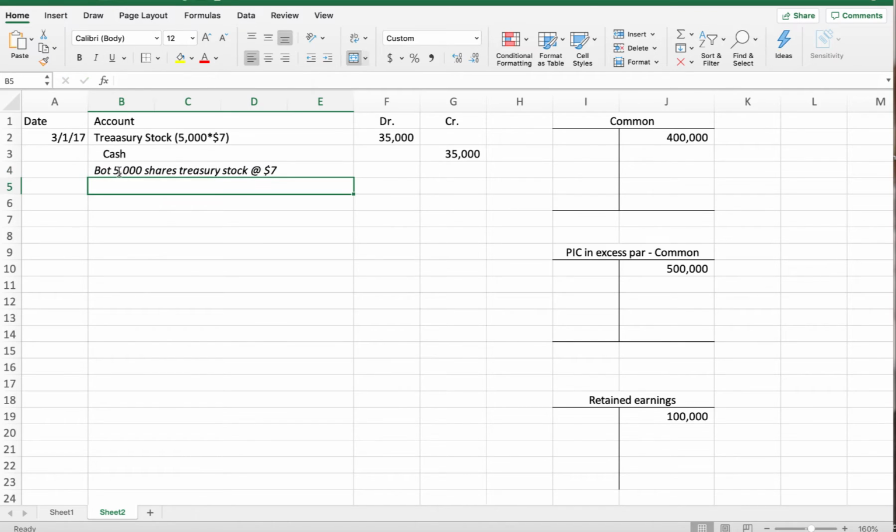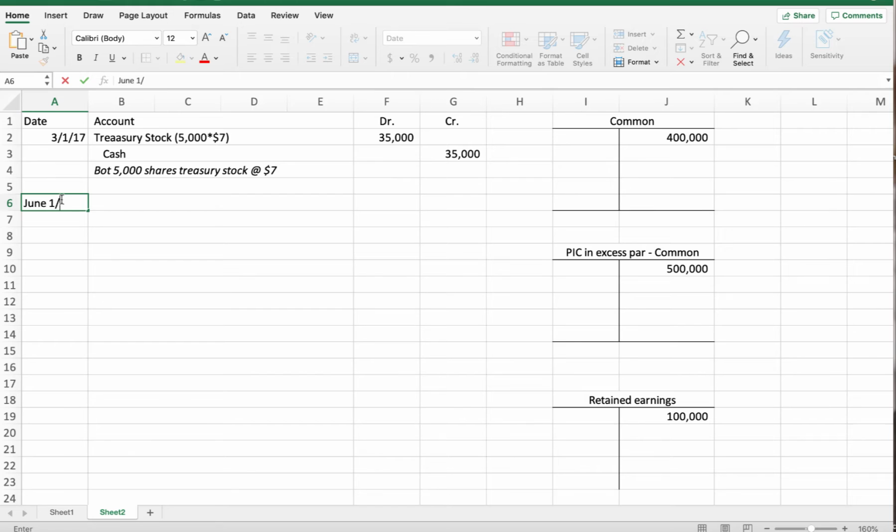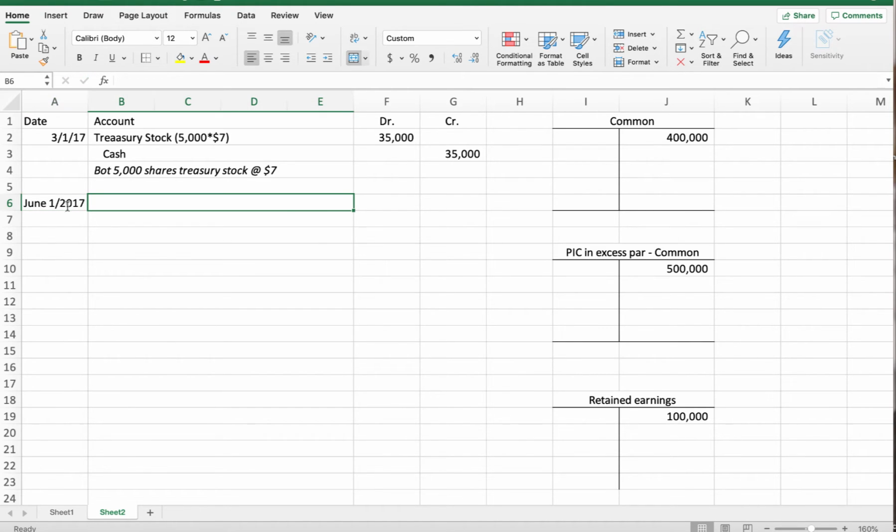Okay, now let's skip a space, and now let's look at June 1st. What do we do on June 1st? Okay, so we sold 1,000 shares at $10 per share. So what are we doing?